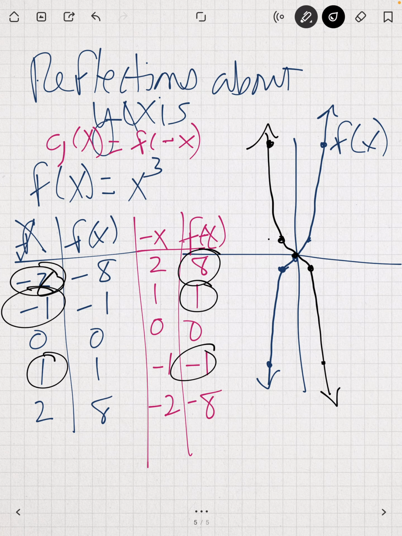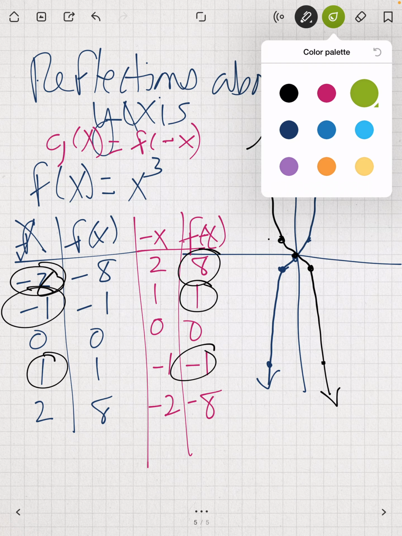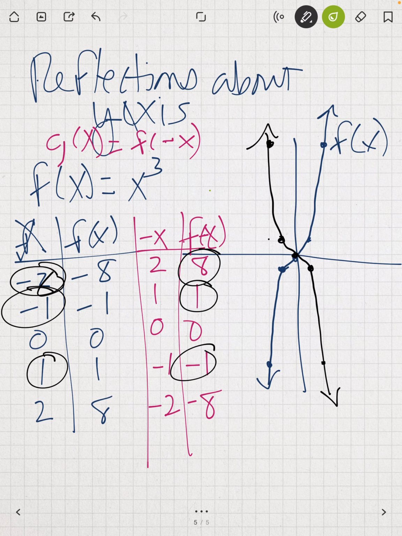Right? And so what happened there was that all of our number spots swapped places. And so while before we were, say, 2 to the left, now we're 2 to the right. Or 1 to the left, 1 to the right. And so here we get a reflection across that y-axis.